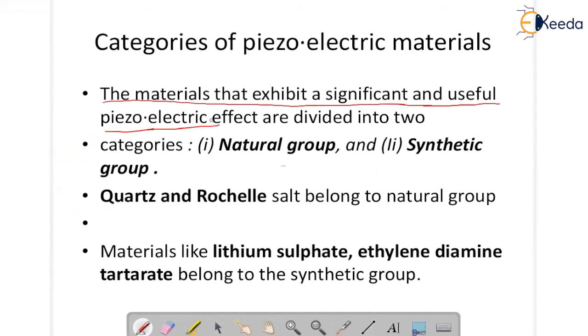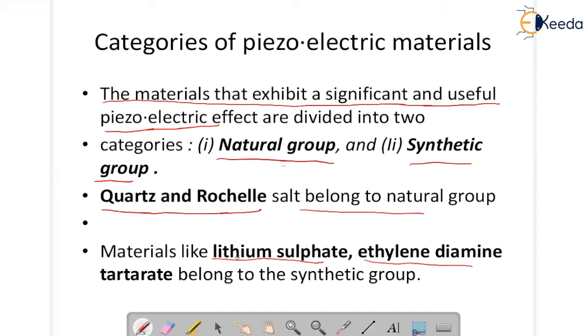One is the natural group and the second one is the synthetic group. Quartz and Rochelle salt come under the natural group, and materials like lithium sulfate and ethylene diamine tartrate belong to the synthetic group, my dear students. These are the points that you need to remember and know when it comes to the concept of piezoelectric materials.